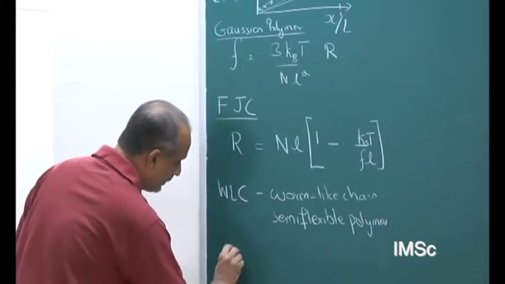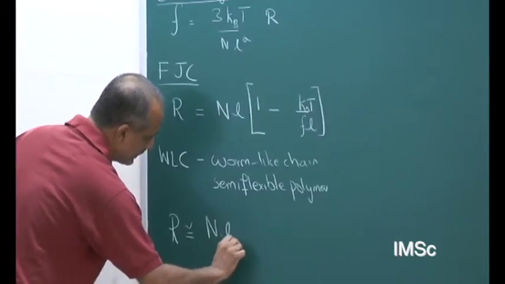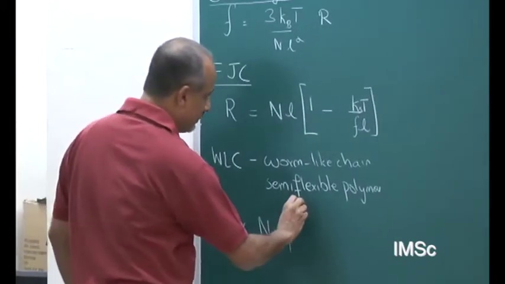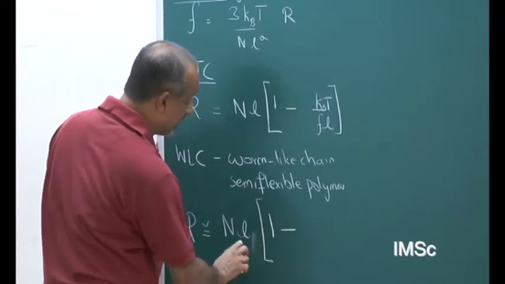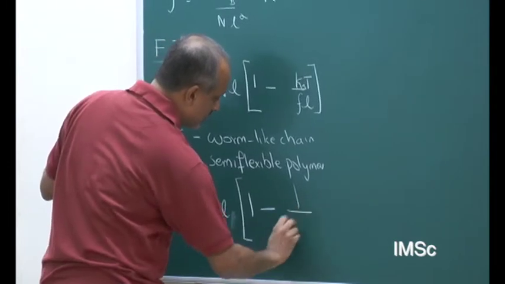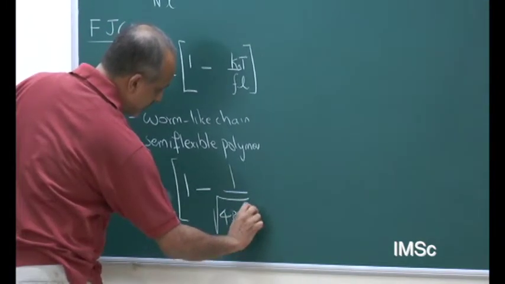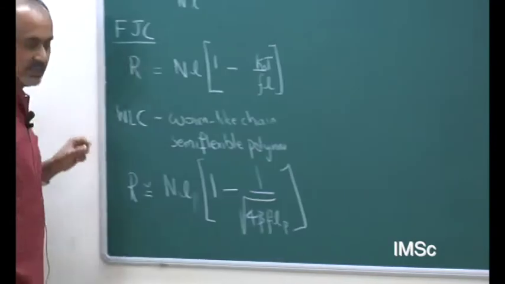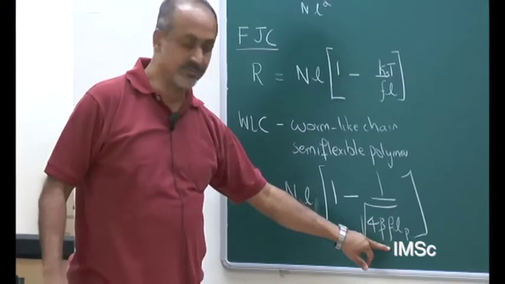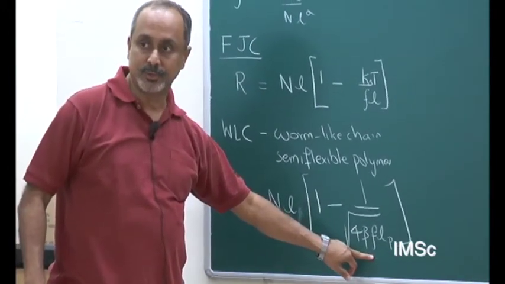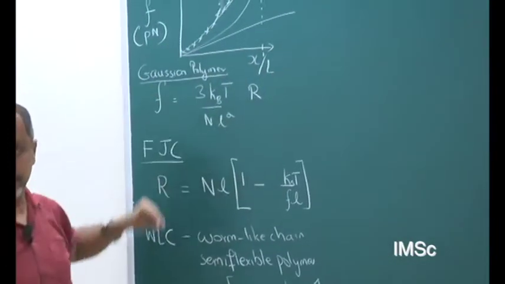And this took the form R equal to approximately n times L into 1 minus 1 over square root of 4 times beta times f times the persistence length Lp. Okay? So this is the 1 over square root of f behavior that I pointed out was important, and this gives you a fit that goes much closer to the actual data.